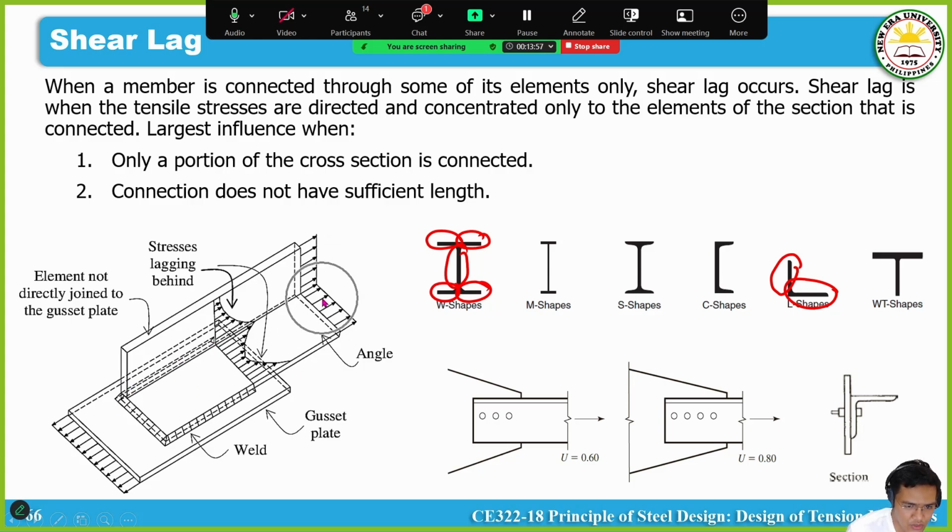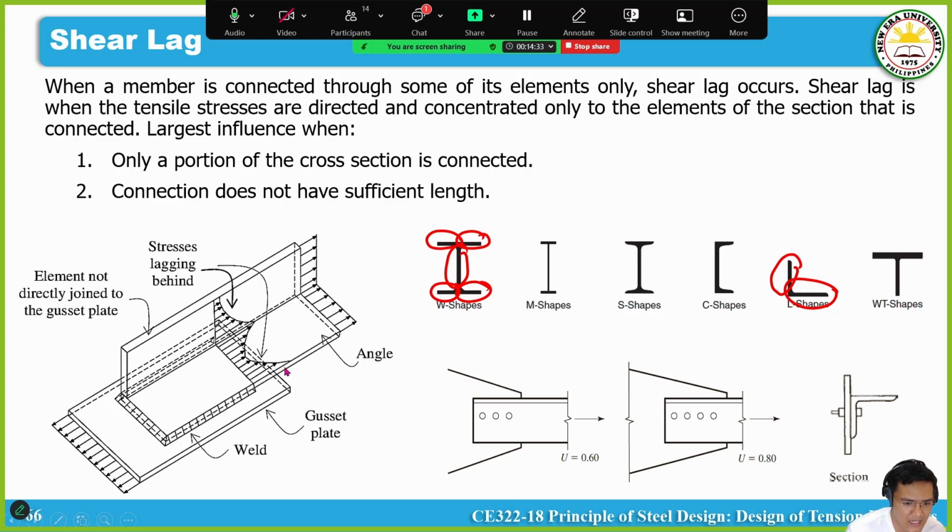Pag nag-cut ka ng section dun sa mid part, obviously the stress distribution is somehow uniform. Now, it's a different scenario if we would go near the connection. So you could see here on the stress distribution dito sa section cut na to na mayroon tinatawag na stress lag.